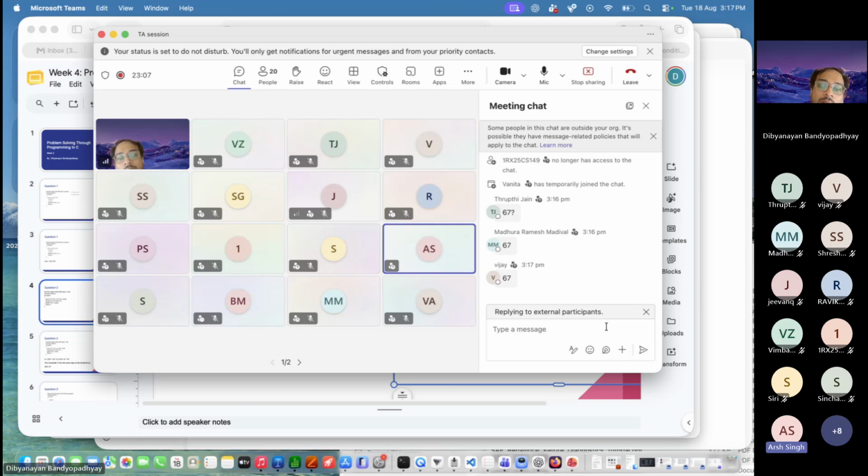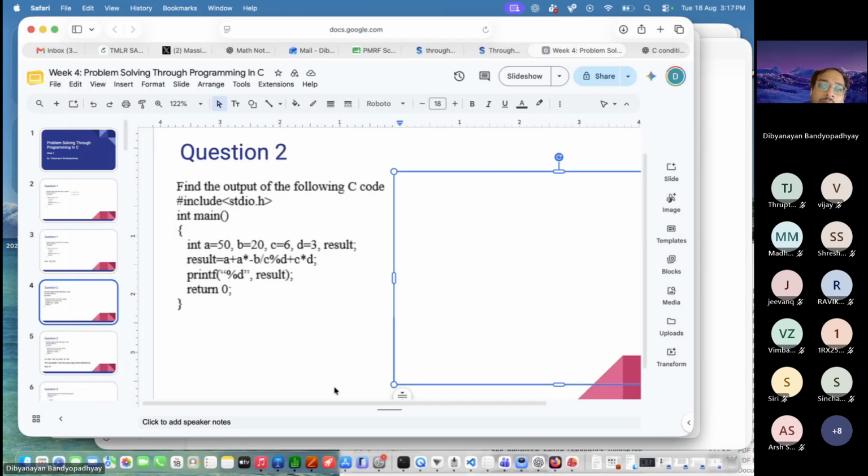First thing. Okay, so this is the result given.